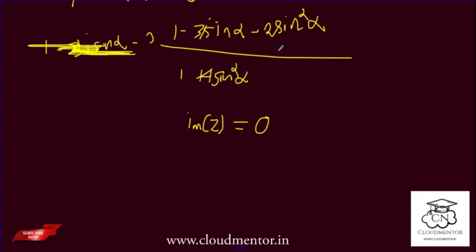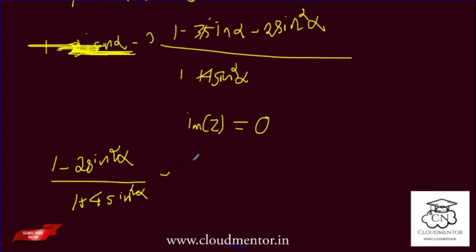If we split it into two parts, then we get 1 minus 2 sine square alpha by 1 plus 4 sine square alpha, minus 3i sine alpha by 1 plus 4 sine square alpha, and this is the imaginary part.